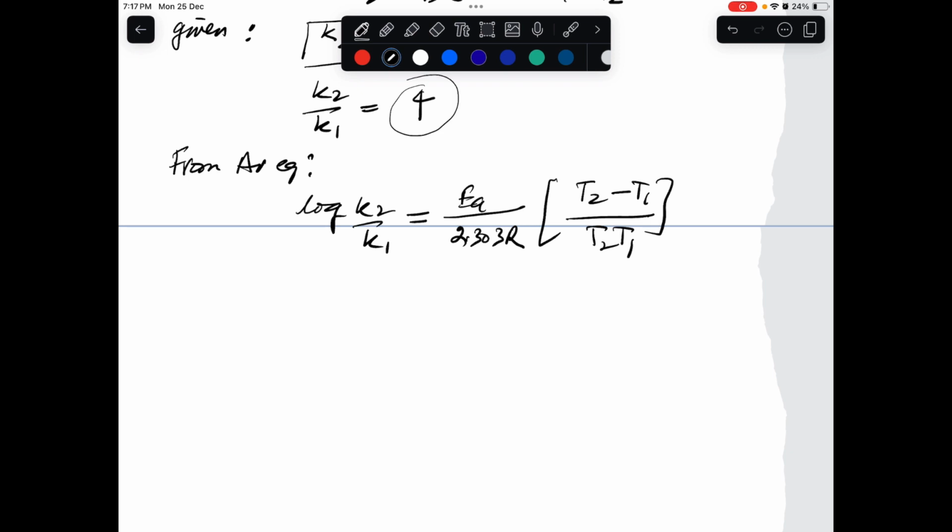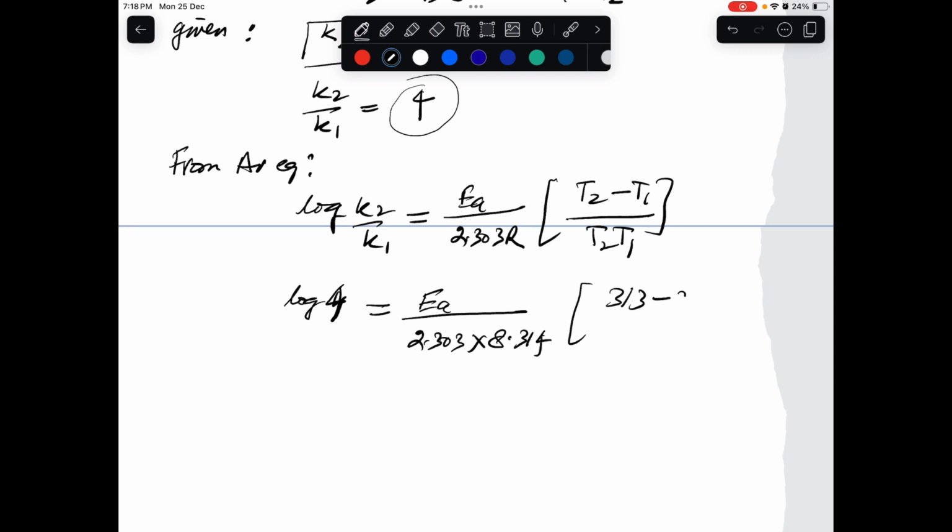So log 4 is equal to EA divided by 2.303 into 8.314, and the values are 313 minus 293 divided by 313 into 293.